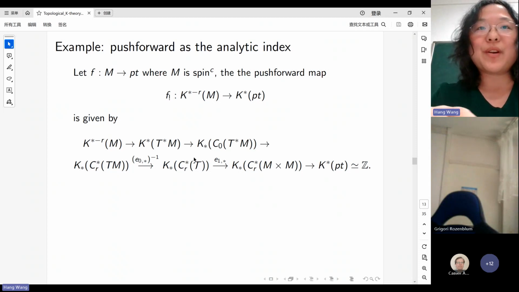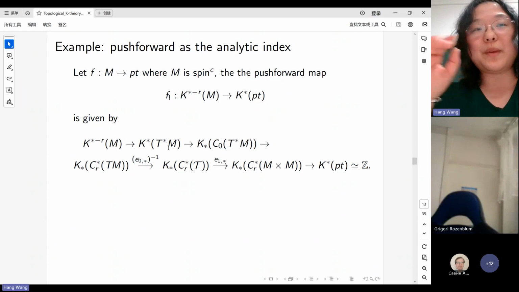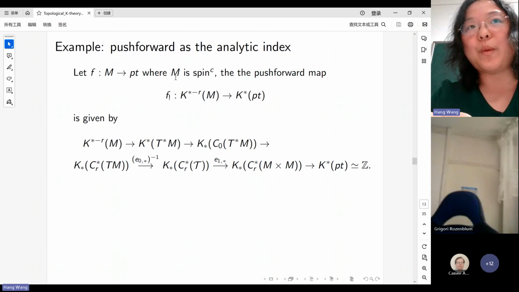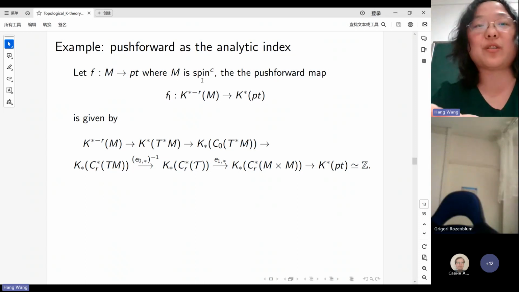And the previous arrows will be, by Thom isomorphism, K-theory of M isomorphic to K-theory of the cotangent bundle of M. Of course, we need to assume M to have spin C structure to be sure that it's an isomorphism.